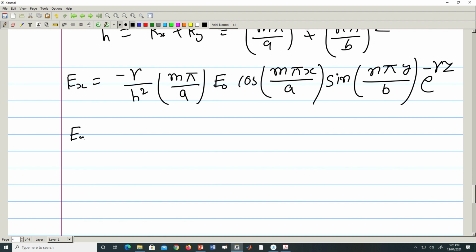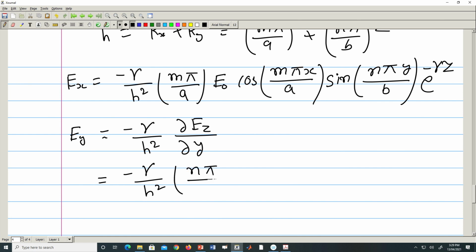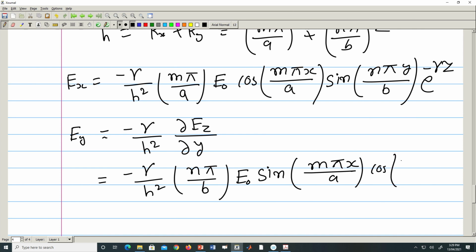In this case the partial differentiation is only on the y component, so this will come as minus gamma by h square, n pi by B, E naught sin of m pi x by A, and the second term will be cos of n pi y by B because of differentiation, e to the power minus gamma z. We need Ex, Ey, Hx and Hy because we will need all these components in the computation of power flow.